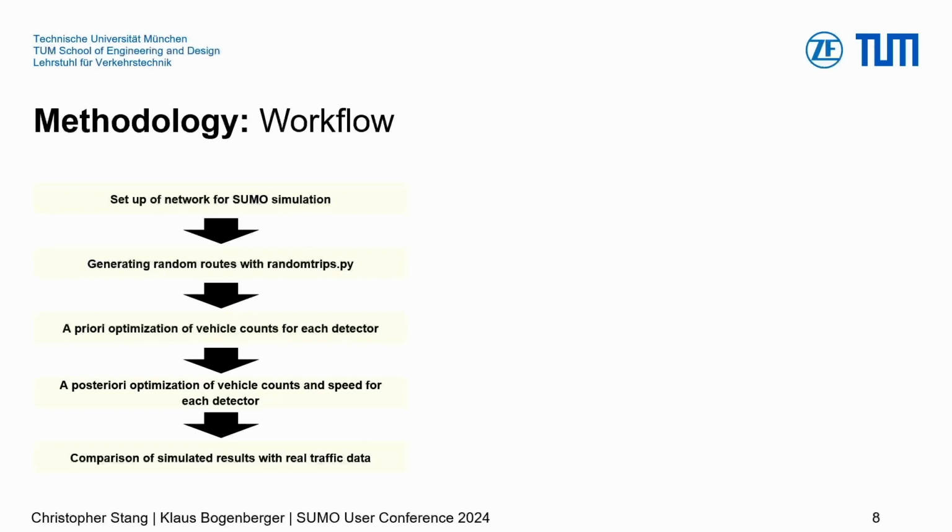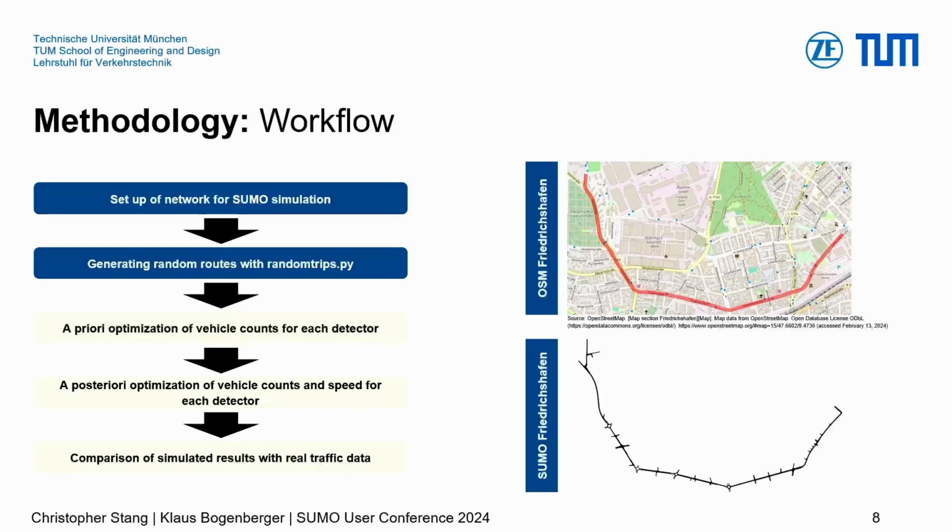And the last step, of course, is the comparison of the simulated results with the real traffic data. So the first two steps are the easier part of the work. Again, here you can see the map coming from OpenStreetMap, and the generated SUMO network with its main track, and also the adjacent access and exit routes of the main track.